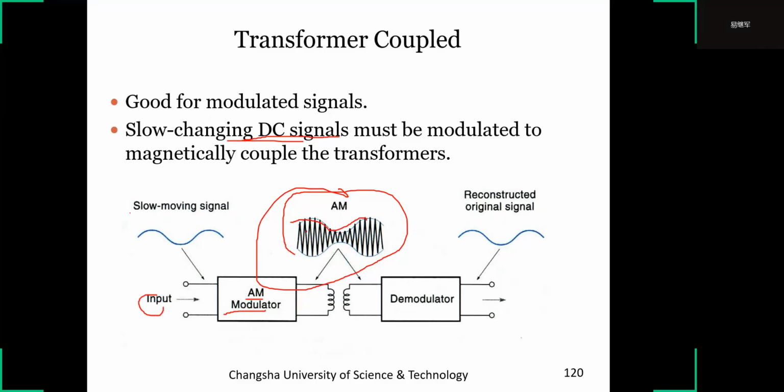This is a carrier wave. Then we send the signal to another device. This demodulator can extract the slow moving signal from the AM signal.